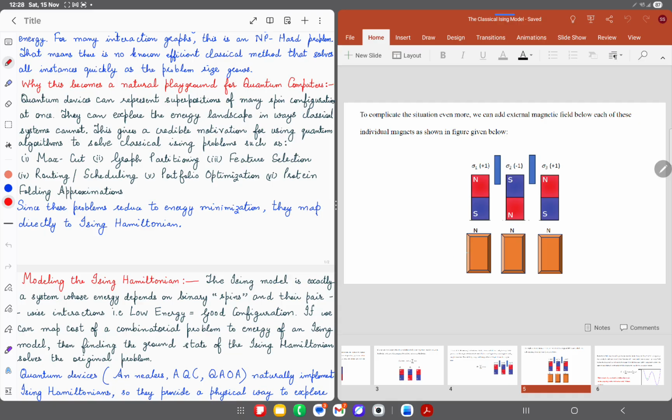The external magnetic field is so strong that it can flip the signs of the spins. For example, the second magnet can flip the south pole downwards and north pole upwards. So the strength of the external magnetic field is quite high.